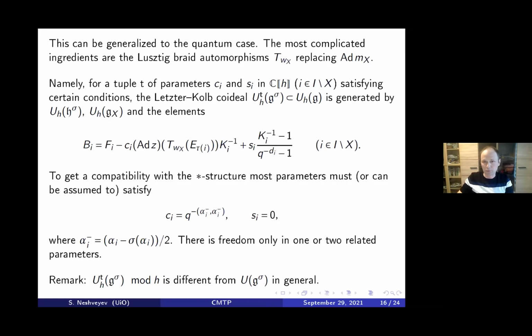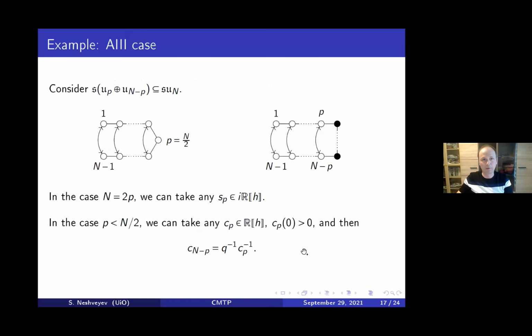Yeah, so to give an example, let us consider again this A3 case. So in the A3 case, you have the standard Satake diagram corresponding to type A_{n-1}. So what corresponds to this pair? You have two cases where this p is either n/2, so when n is even, or when n is odd.